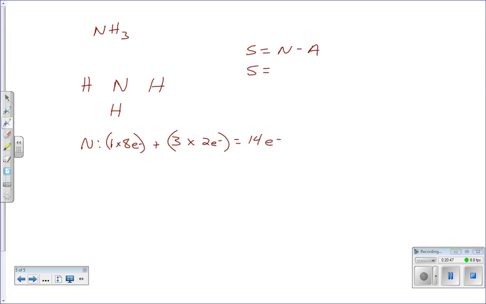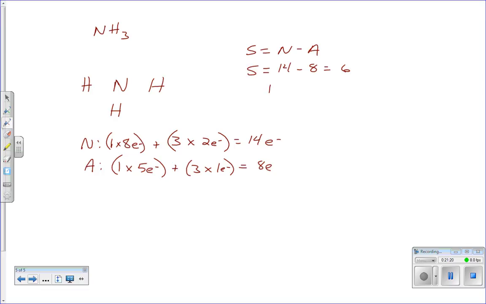How many do we have available? Well, that nitrogen's in group 5, so it has 5 valence electrons. And each hydrogen's in group 1, so they each have 1 valence electron. 5 plus 3 would be 8 total electrons. So how many are going to get shared? We take 14 minus 8, and they're going to share 6 electrons.